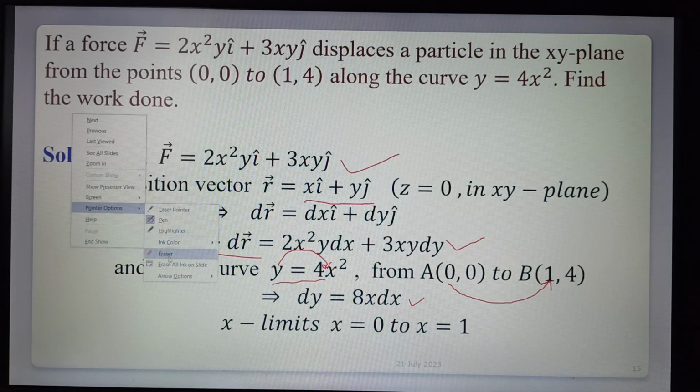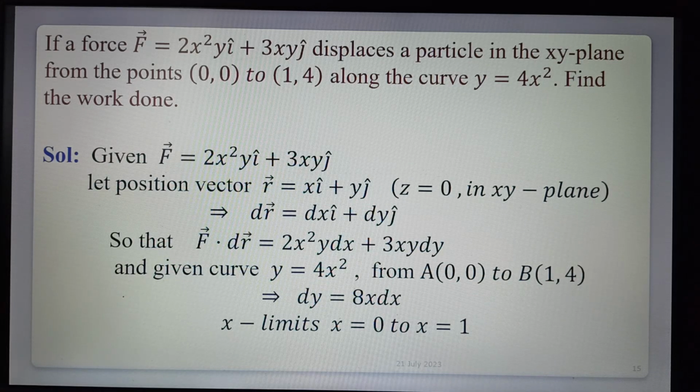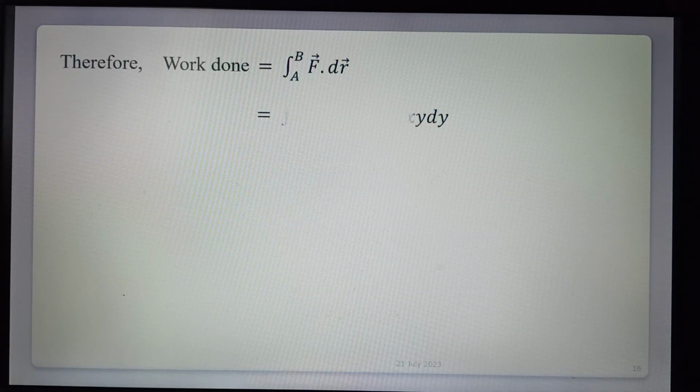Now finding the line integral, that is the work done. So the work done is equal to the integral from A to B of F bar dot dr bar, that is 2x square y dx plus 3xy dy.